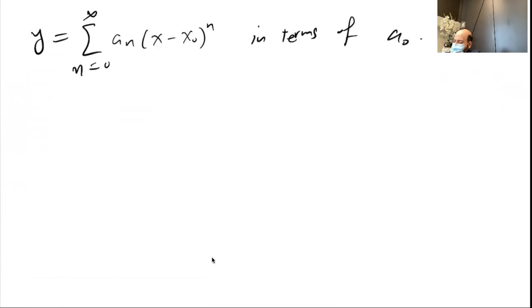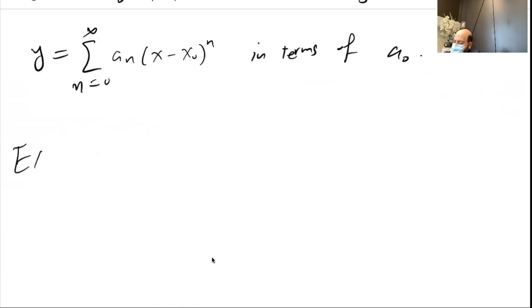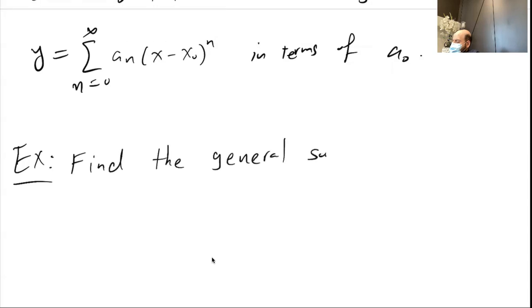So let's look at some examples. Let's start with a very simple example, the first order ODE that we considered above. Find the general solution of y prime equals y using power series method.